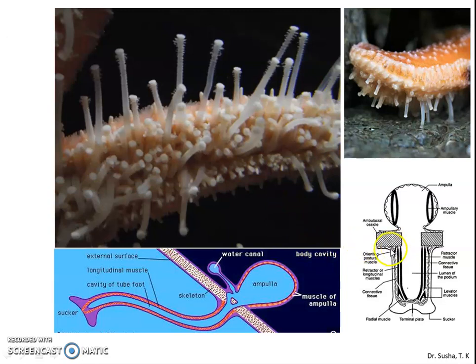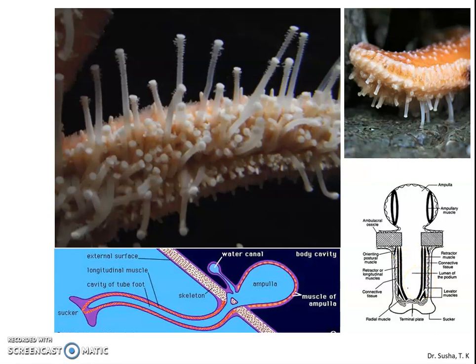When the circular muscle of the ampulla contracts, this is the ampulla. Ampulla is inside the body cavity, and the circular muscle of the ampulla contracts. Water is forced into the podia, and the pressure exerted by the water extends the podia outward.